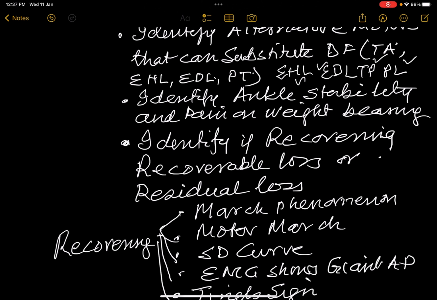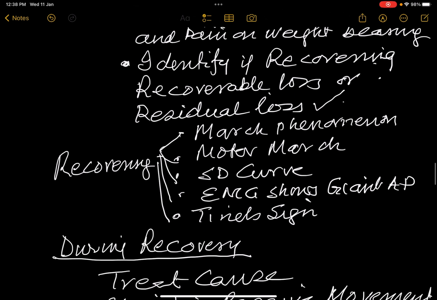Then you must find out whether the power loss is recovering or recoverable, or there is a residual loss. So these are the points on which you must be able to answer after you've done a thorough clinical examination. How do you find out whether it is recovering?